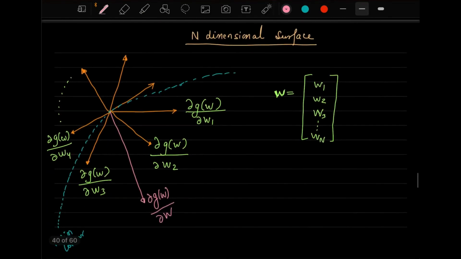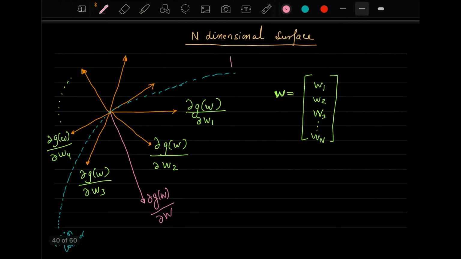And for the n-dimensional surface, let us say you have a n-dimensional surface here, which is a blue dotted line that I am showing you. Then you will have a 90-degree vector which is given like this. That is the derivative with respect to w of this loss function, and this is your n-dimensional surface. You are drawing a 90-degree vector, and then you decompose that into n-dimensional basis vectors.